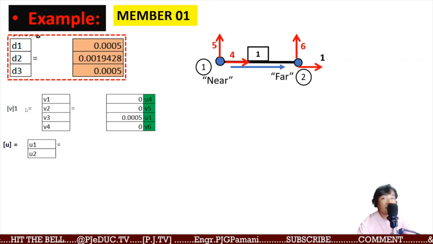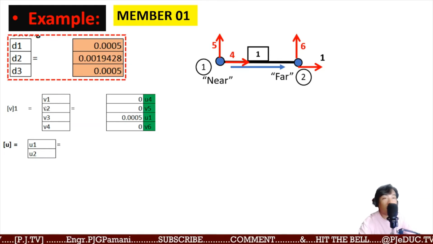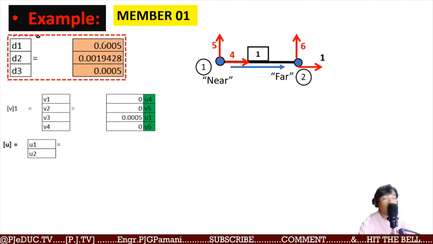Apply natin si end displacement V on global coordinate system following the near and far nodes 4, 5, 1, 6. On that near and far node, yung U1 lang yung may deflection. So the rest will be 0. So 0 si 4, si 5, and si 6.